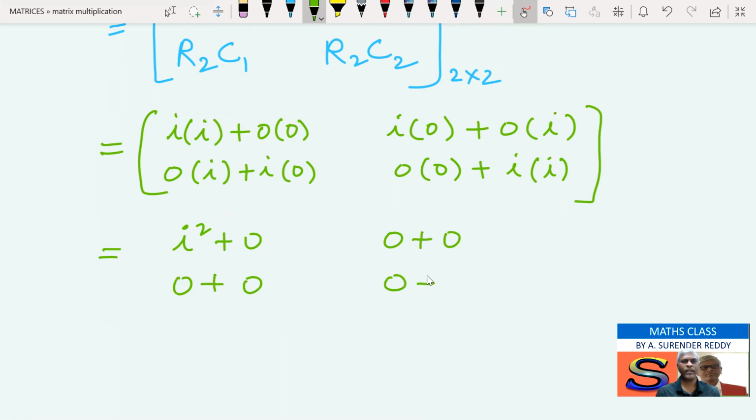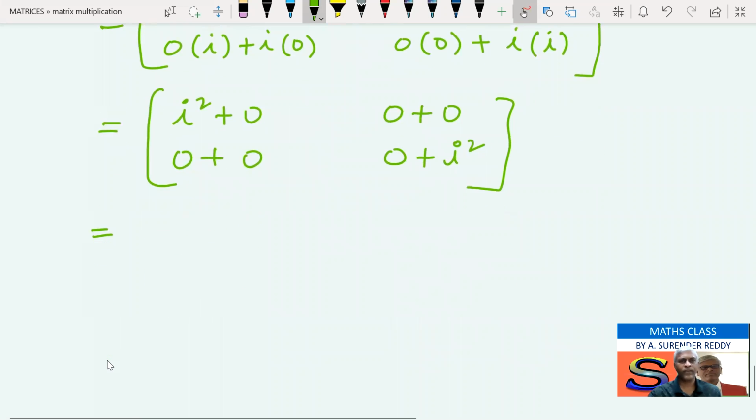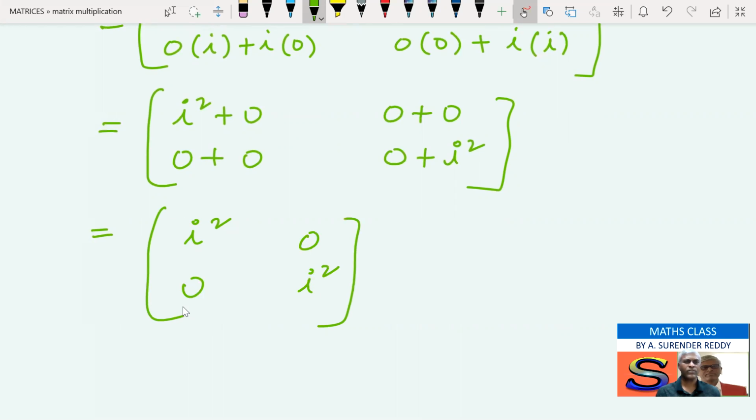This is 0 plus I into I. So further simplifying, this is [I square, 0; 0, I square]. So this is A square.